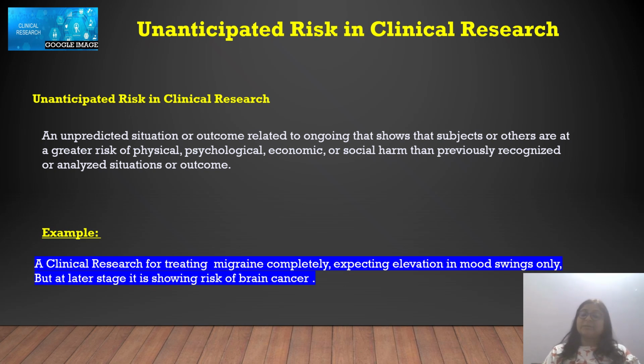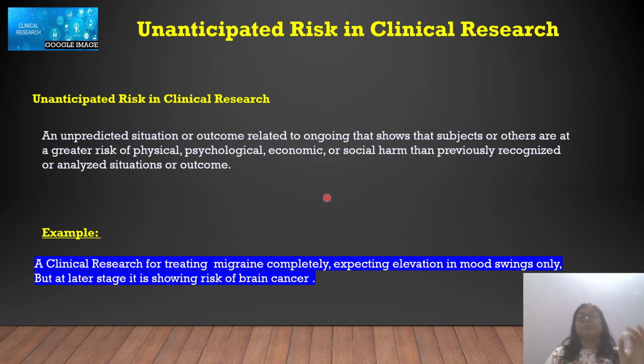If it was expected, then it was an anticipated risk. But when it was not expected, then obviously it is an unanticipated risk in clinical research. So, an unpredicted situation or outcome related to the ongoing research that shows that subjects or others are at a greater risk of physical, psychological, economic, or social harm than previously recognized or analyzed.